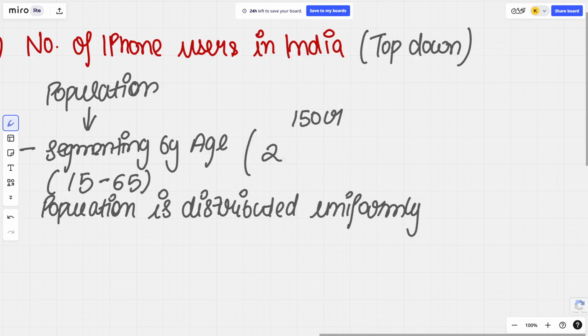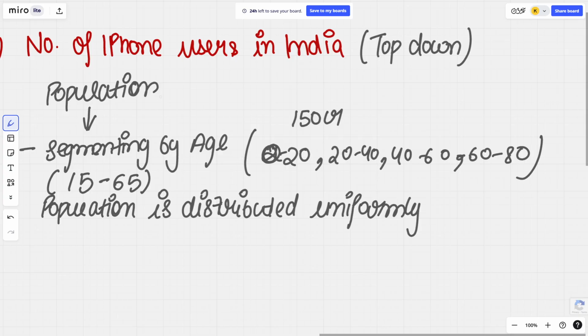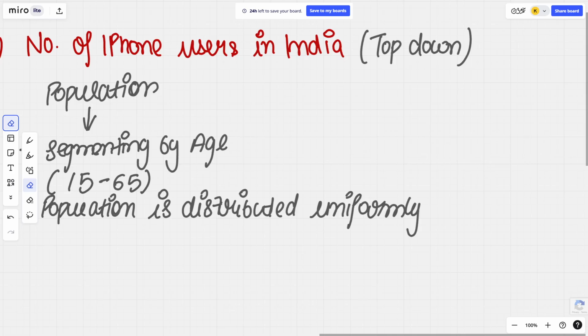So I'm assuming that 0 to 20, then 20 to 40, then 40 to 60, then 60 to 80. So the population is divided into four segments equally. So that will be 150, so around 35 CR each. So we are assuming that. Let me note right now.